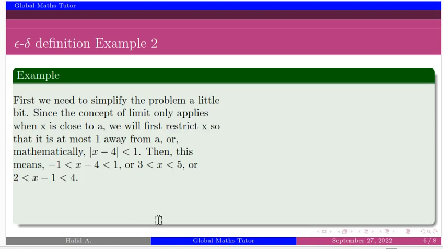After getting x, let's do x minus 1. To make it x minus 1, subtract 1 from all sides, so it will be 2 less than x minus 1 less than 4. So x minus 1 will be in the range of 2 and 4.